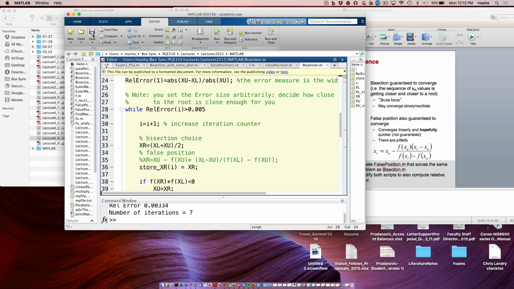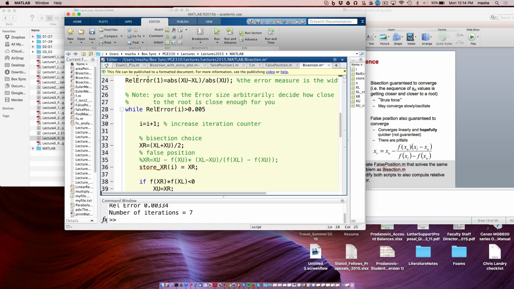Typically, certain things come from the physical context. If I'm fitting some physical measurements, and I know that my measurements are accurate to the second digit after 0, then obviously going to a relative error of 0.000005 doesn't really make sense if the numbers I'm working with are not very accurate themselves. So you're going to tune that based on the problem.